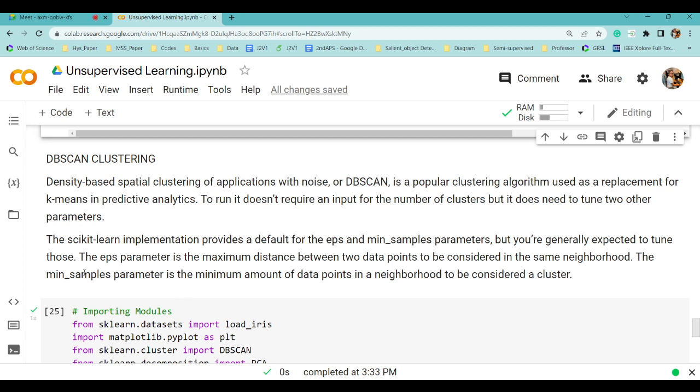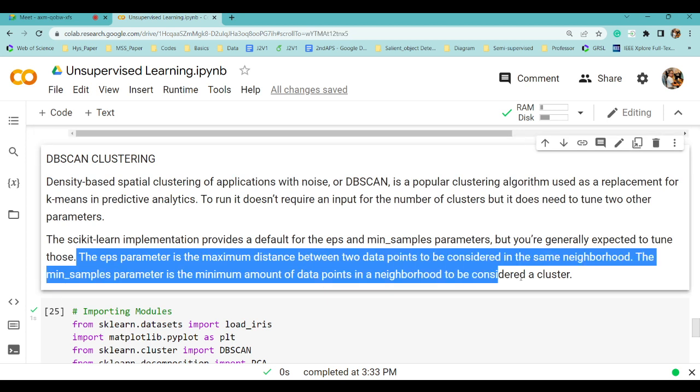The other is the min_samples parameter, which is the minimum number of data points in a neighborhood to be considered a cluster. I would request you to read these two lines and you will understand what I'm saying. These are the two parameters required by DBSCAN. Unlike K-means, which depends on the value of k, it just takes these two parameters and then does the clustering.